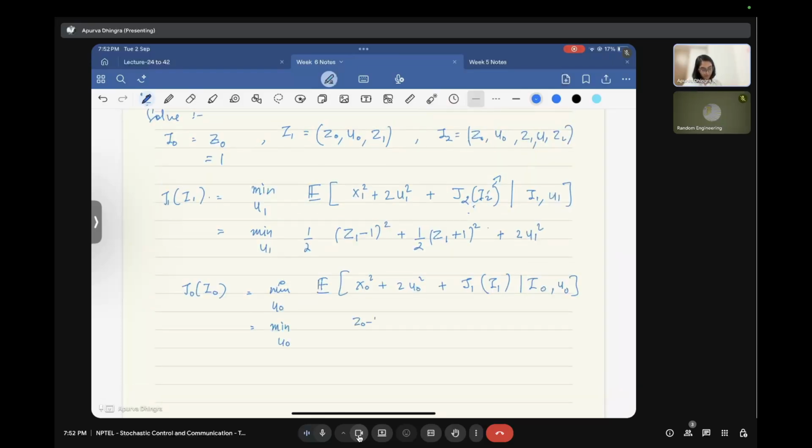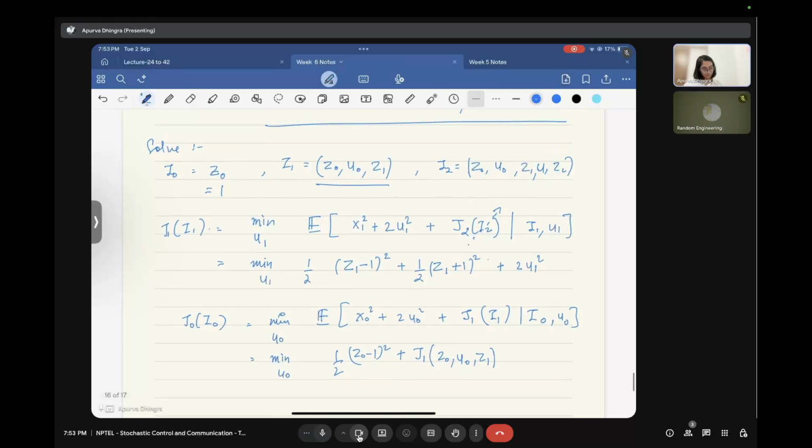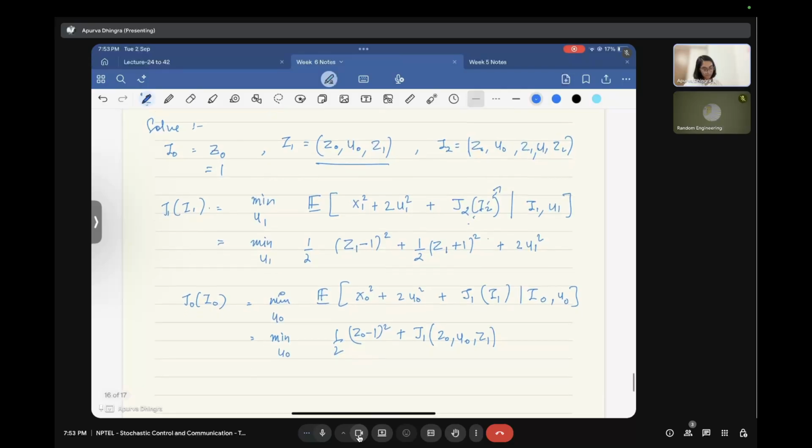Okay, so z0 minus 1, J1. I want to write this more carefully, okay? So I'm going to start writing u1 now. I'm going to use this type of notation. So there is z0, u0 and z1.